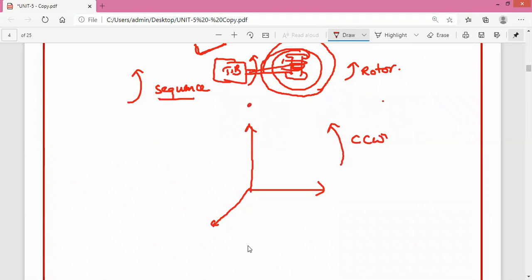Then I get the first phase which I am going to watch. Each phase is displaced by 120 degrees. This is also due to the winding, because for the stator we are winding with a 120 degree phase shift on the stator side. So each phase is also displaced by 120 degrees.